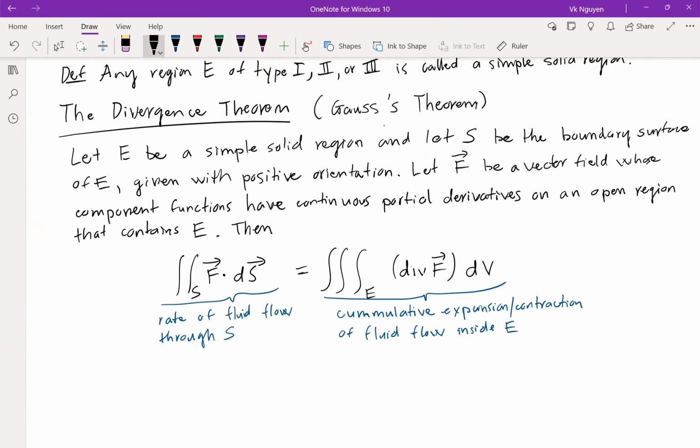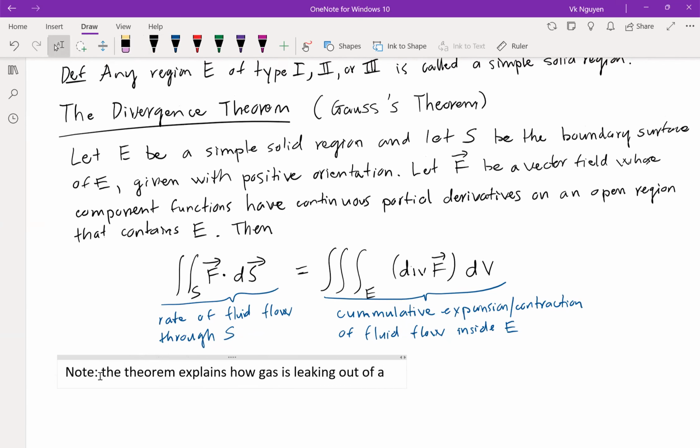I'll put the note here: how gas is leaking out of a container, or how air gets compressed when pumping air inside a tire.